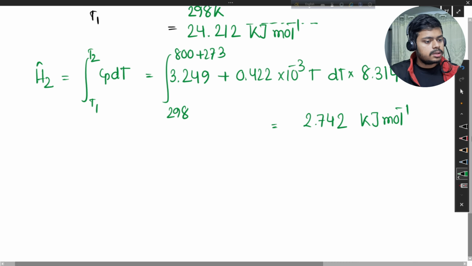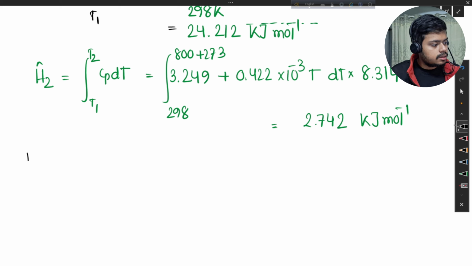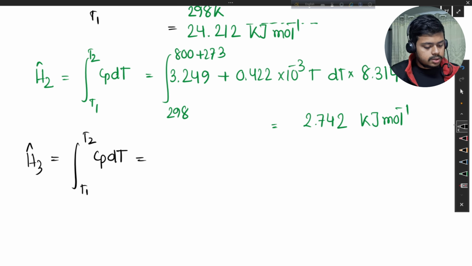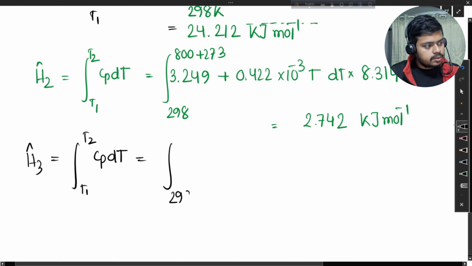Let's calculate H3 specific here. H3 specific is also going to be the integral of CP dT from T1 to T2. The function for methanol is 2.211 plus 12.216 times 10 to the power minus 3 times T, dT, times 8.314, integrating from 298 to 800 plus 273.